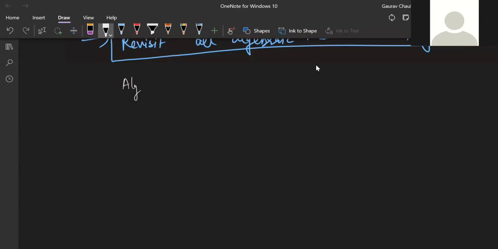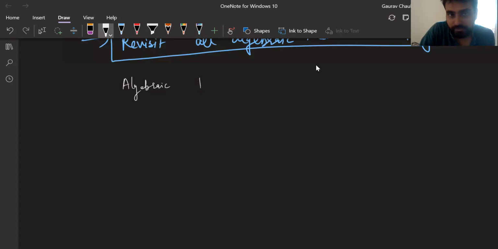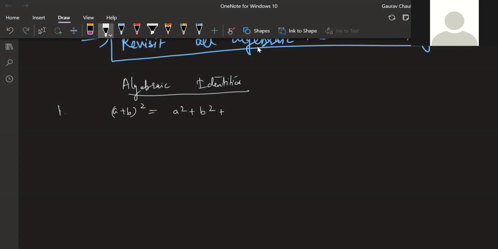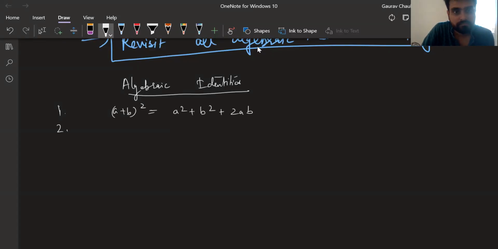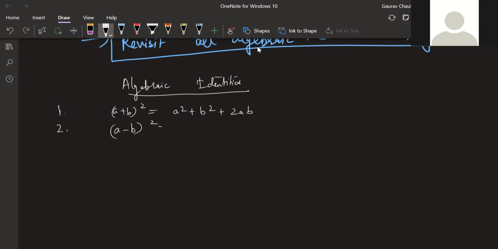Sir, a plus b whole square. Okay. Let me write the heading: algebraic identities from class 9. We're going to list everything and then you're going to tell if Nishchay is missing something or not. The first one is a plus b whole square is equal to a square plus b square plus 2ab. A minus b whole square, which is equal to a square plus b square minus 2ab.